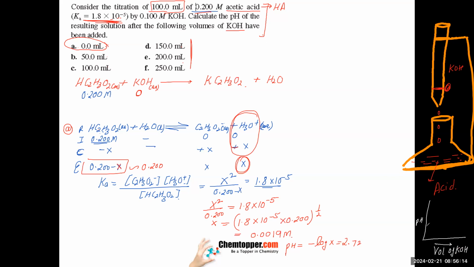And pH is 2.72, slightly higher. See, for that particular acid HClO4, you remember the pH? It was 0.699 initially. So there's a difference in the pH. If it is a strong acid, generally they start below 1. If it is a weak acid, generally they start around 3. This is around 3, right? So the A part is done.